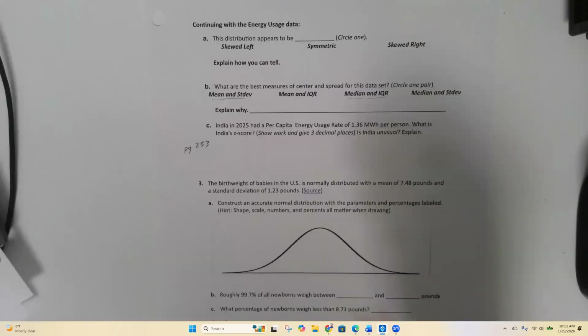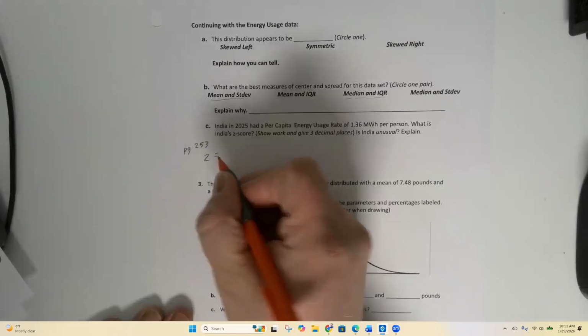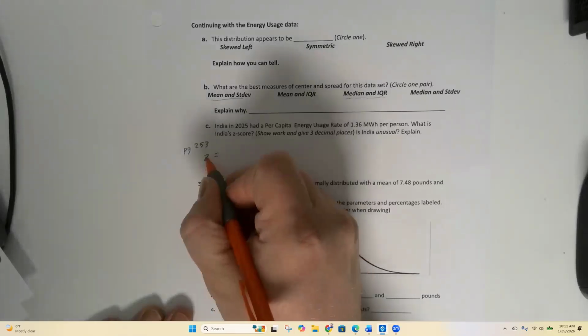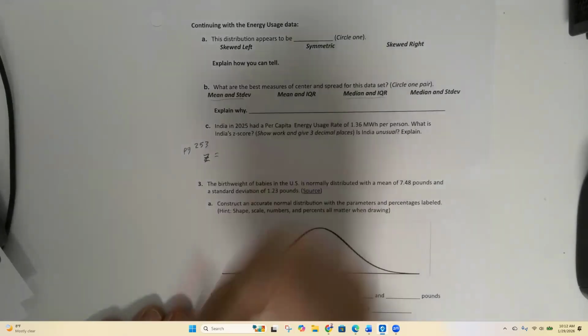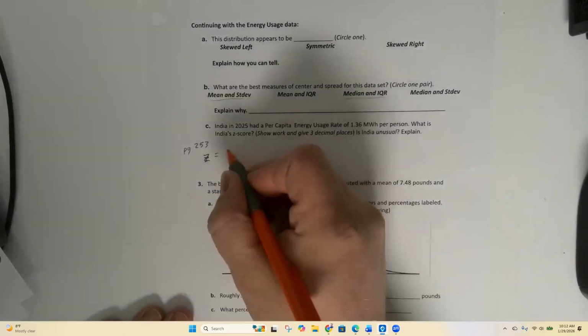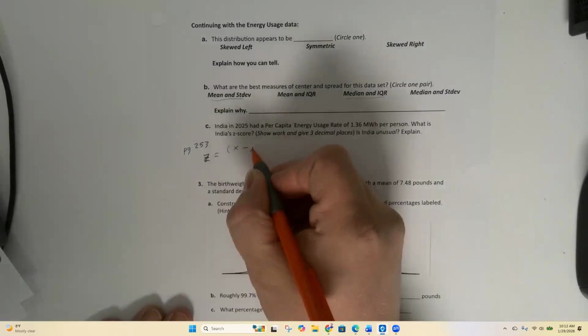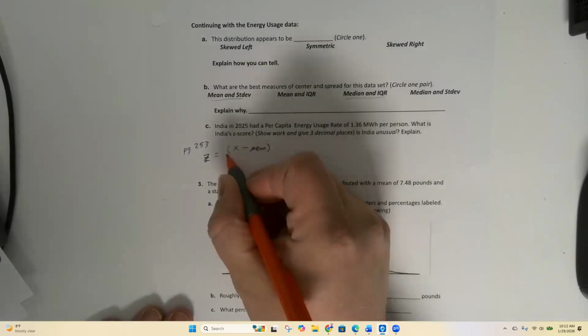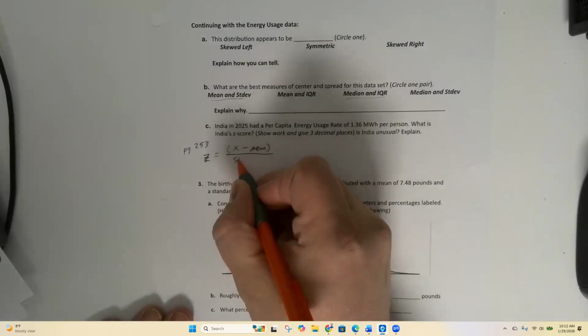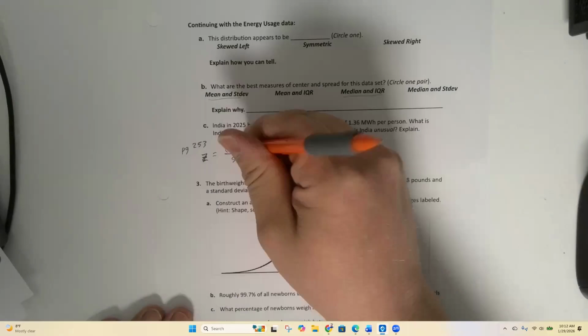Okay, so Z equals, and my Z's always look like 2's, so I have to put a line through the middle to make it look like a Z. It's the value minus the mean divided by the standard deviation.